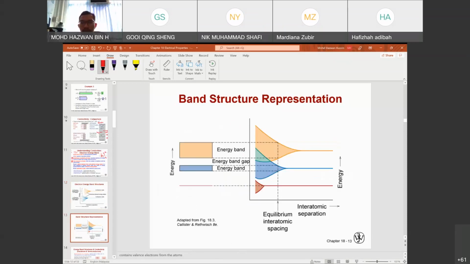Okay, and due to the arrangement of Pauli exclusion principle that we were talking about just now, it can be translated into the energy band structure. Okay, so how do you see this? This actually tells you that lower configuration like 1s will be located at the low part, and the higher band, the one considered as the valence electron or valence band, will be located at the higher energy, 3p for example. Then you will see that it will be arranged in this kind of order.